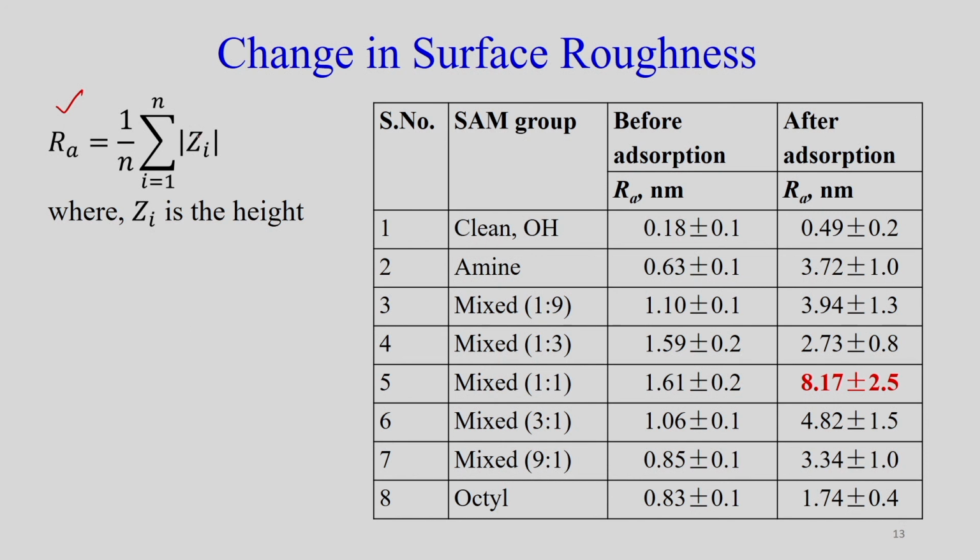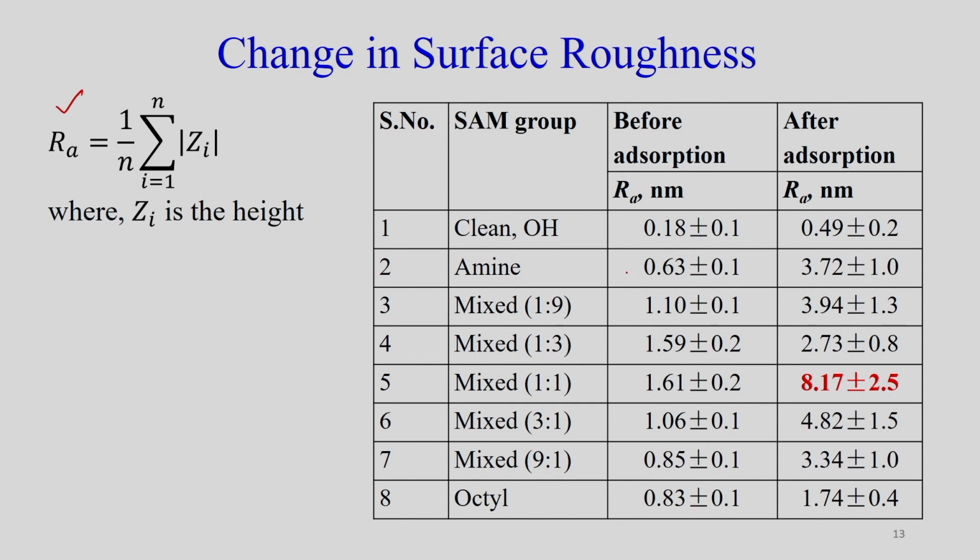So, that is the average height. For a clean glass surface, the average height was 0.18 nanometer, and due to the formation of different self assembled monolayers, because of the height of that particular surface modifying agent, there is an increase in the surface roughness.